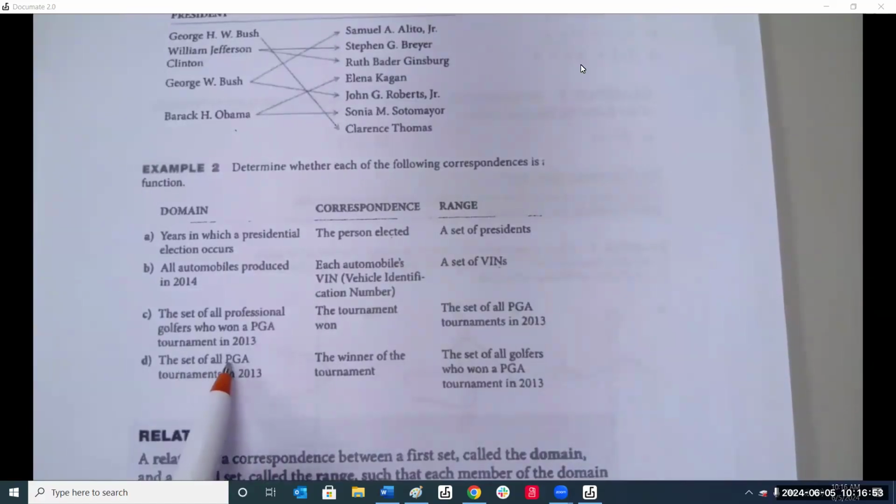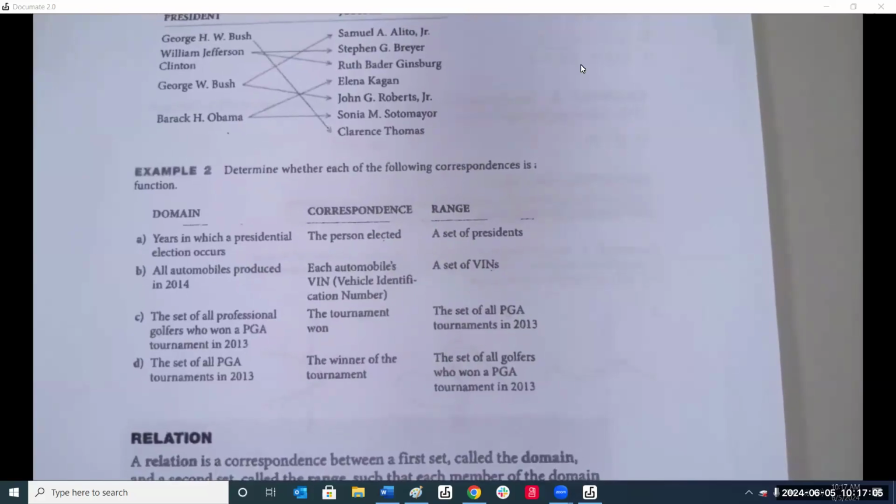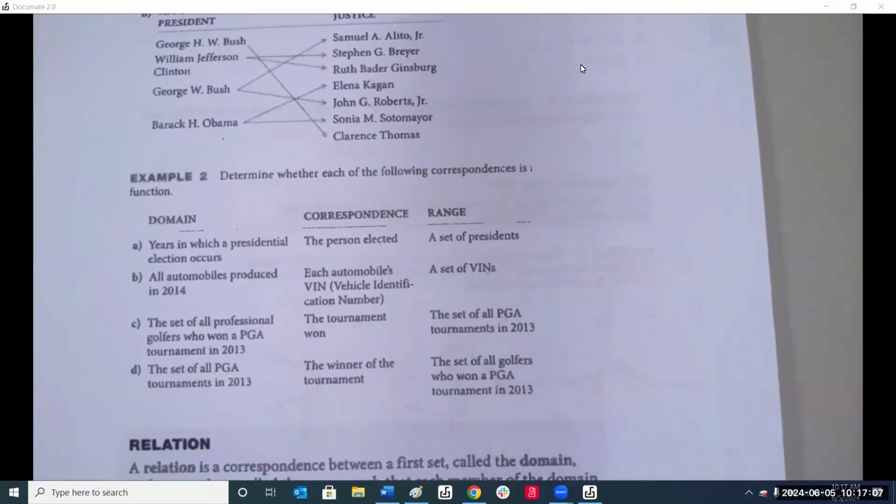Now think of the set of all PGA tournaments. How many winners can you get in each tournament? 1. So is that a correspondence? Yeah. I know, these are complex when you read them, but this is how they'd occur in the real world.